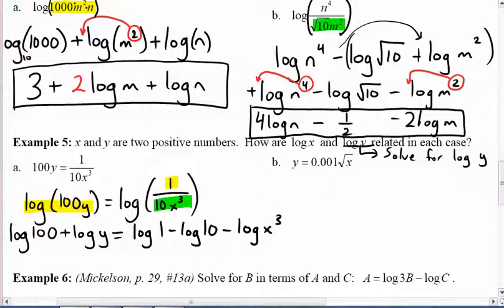Now we can use the power law. The 3 can become a coefficient. Log of 100 is 2 because there's 2 zeros. 10 to the power of 2 is 100. Log of 1 is 0 because 10 to the power of 0 is 1. Log of 10 is 1. And then I have 3 log x.